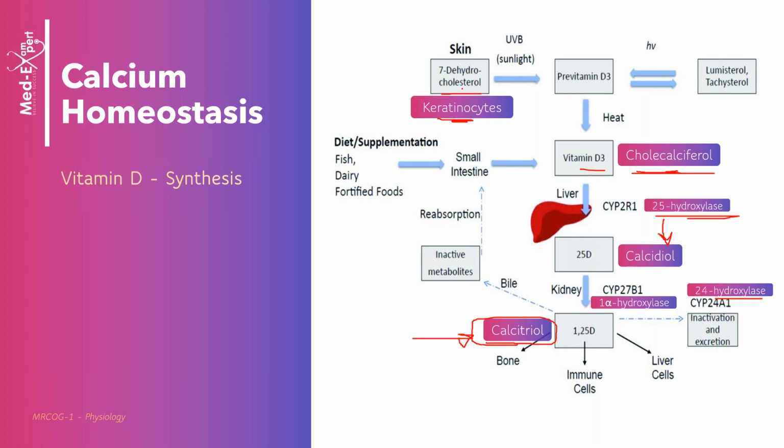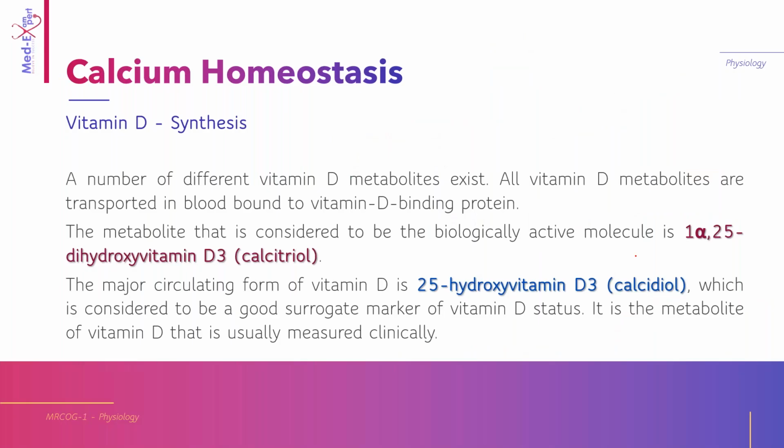So we have the sunlight, which transforms the dehydrocholesterol into cholecalciferol. Then by activation in the liver by the 25-hydroxylase enzyme, it will form calcidiol, and then by the 1-alpha hydroxylase enzyme, it will form the calcitriol, which is the metabolically active form of vitamin D. So we have different metabolites of vitamin D. The metabolite that's considered to be the biologically active molecule is 1-alpha,25-dihydroxyvitamin D3, or calcitriol.